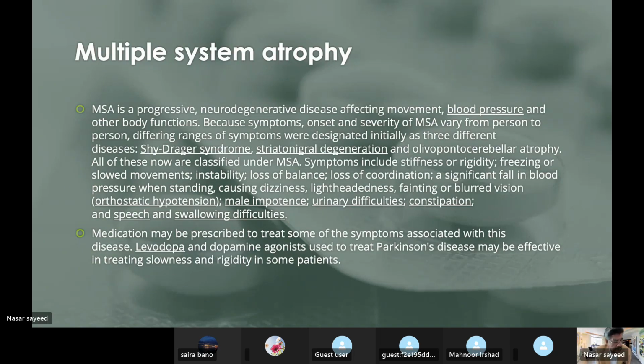Yes, go ahead. Sir, when you were talking about Huntington disease, उसमें आप एक एग्जांपल भी दे रहे थे पेशेंट की.